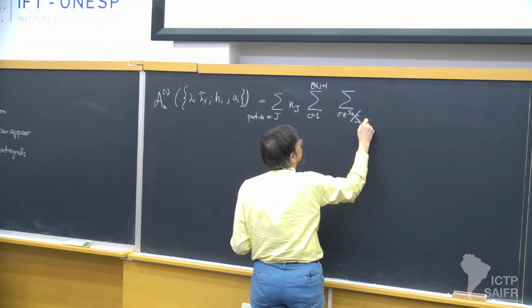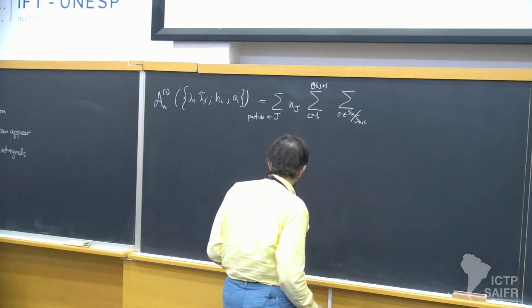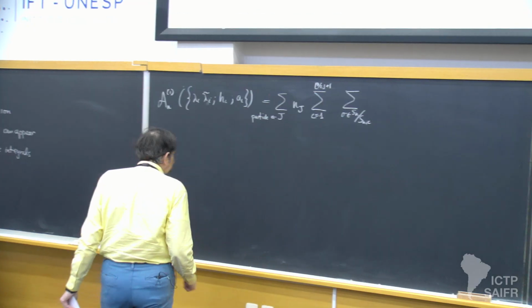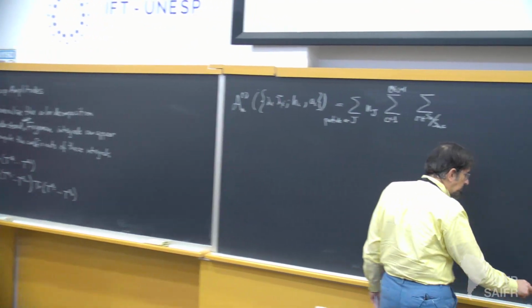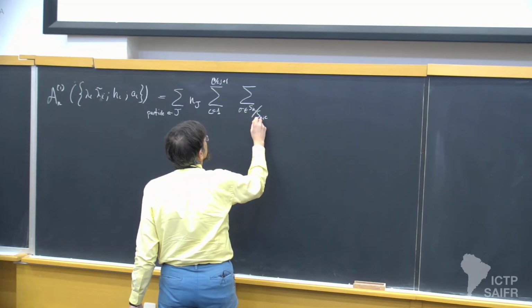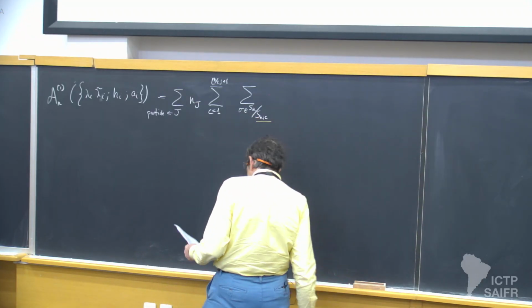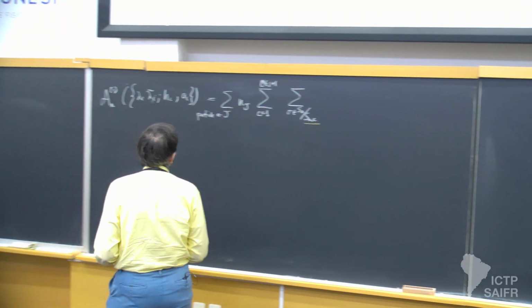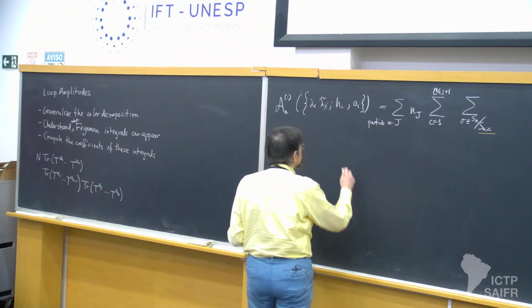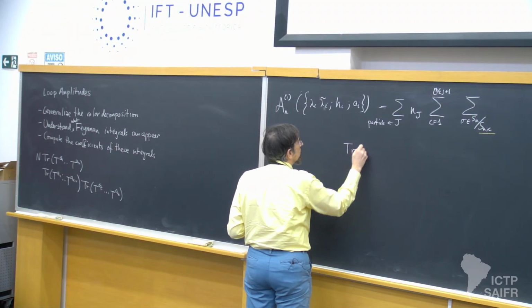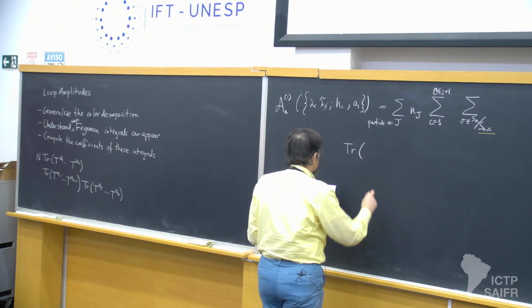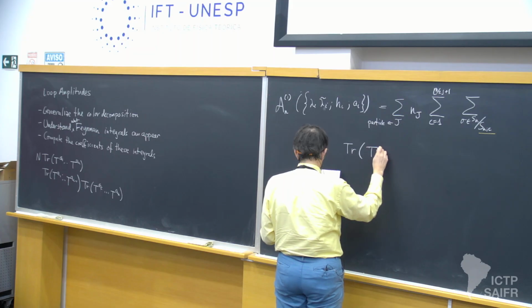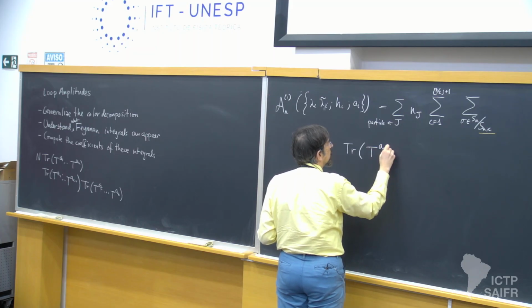And here I'm going to have to explain what is meant by this notation after I've finished writing out the formula, because that's not a standard thing you can look up in the math books. So we have generically double traces.